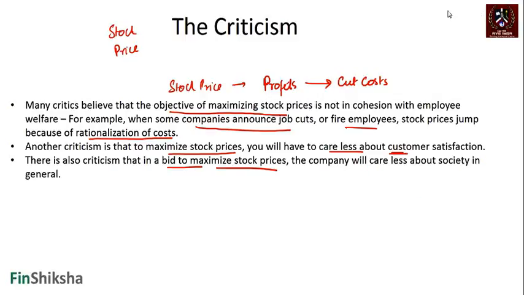So essentially, you will not be a good social citizen as a corporate, and you would try to maximize the use of resources. In a sense, you are trying to maximize resource depletion, right? For example, if you are a mineral water manufacturer, you might actually maximize the depletion of groundwater in the area your factory is in order to maximize your profits today, right?